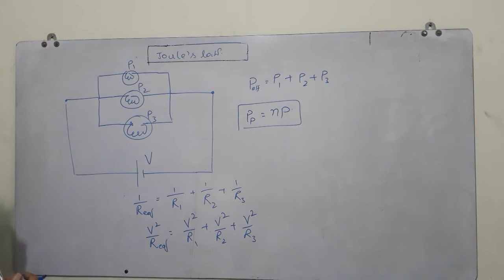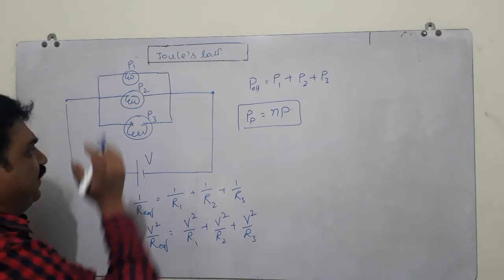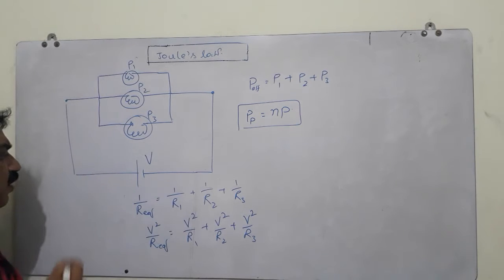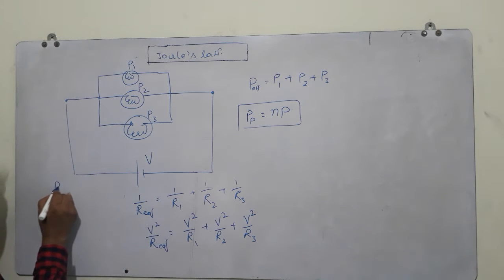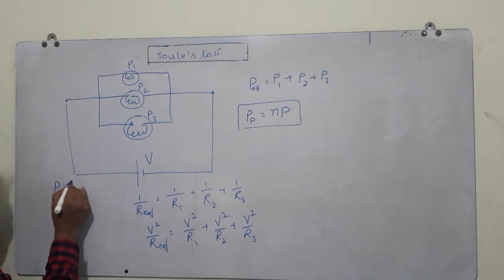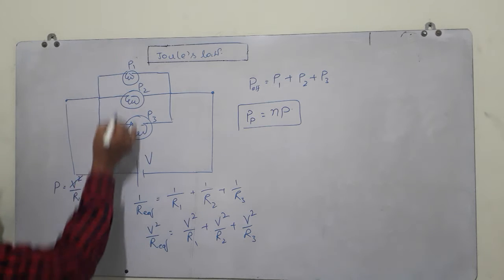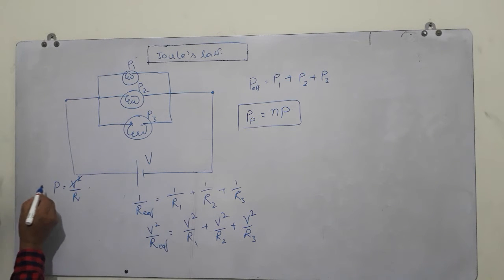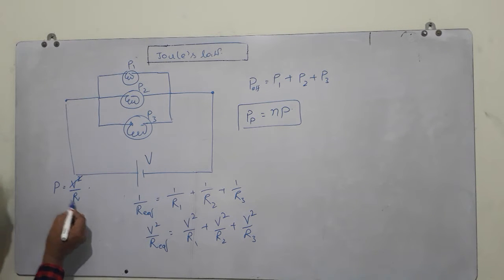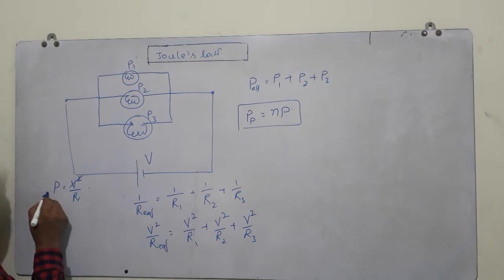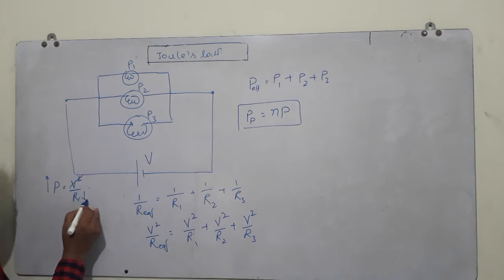For example, if you observe carefully, in parallel combination, we are given that P is equal to V square by R. V is a constant, then P is inversely proportional to R. So here power will be more if resistance is less.